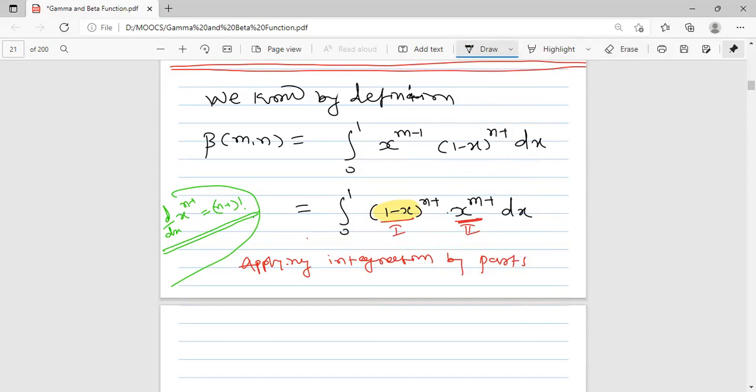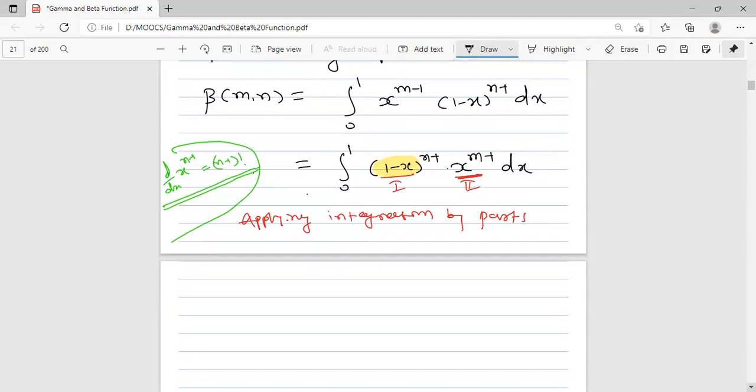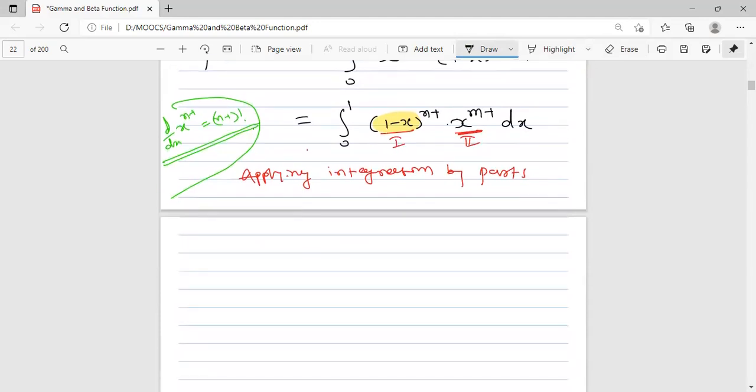Then I will try to integrate up to the n minus 1th derivative. Now I will write, we know integration by parts, this is equal to 1 minus x raised to power n minus 1 into the first term x.